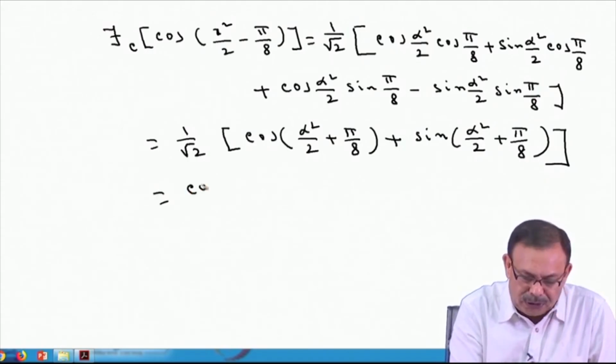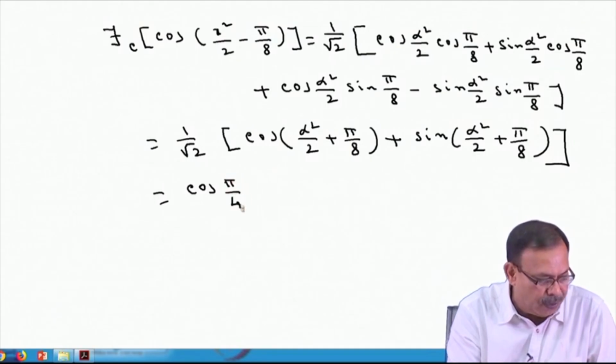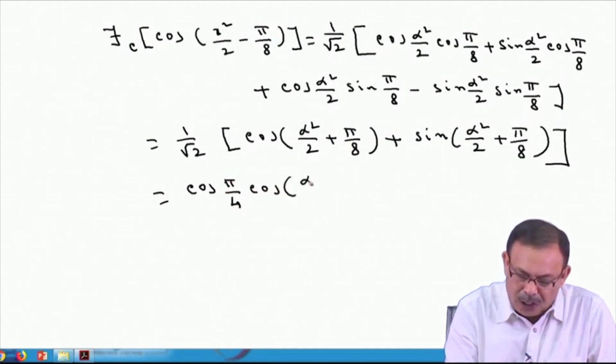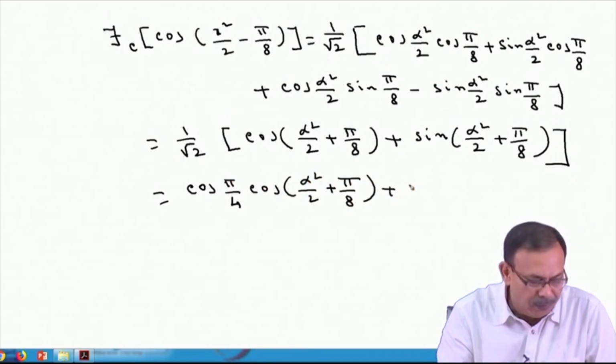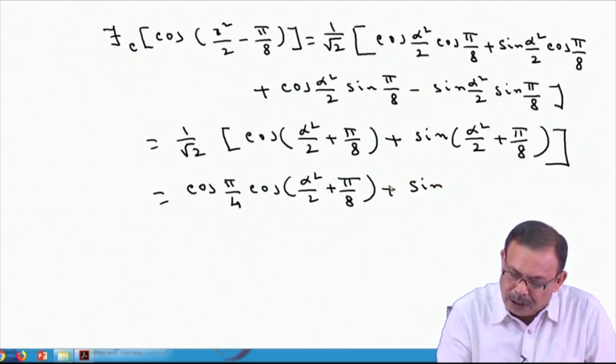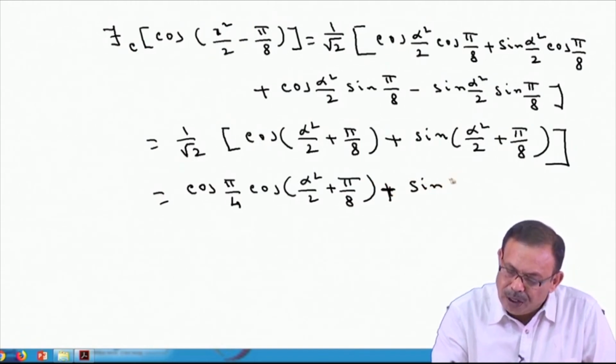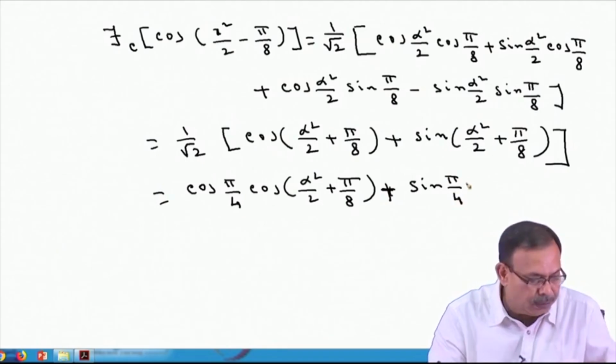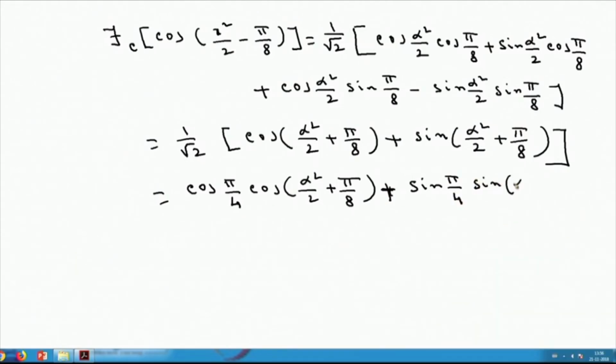So, again this I can write down cos pi by 4 cos of alpha square by 2 plus pi by 8 plus, this 1 by root 2 again I can write as sine pi by 4 into sine of alpha square by 2 plus pi by 8. So, 1 by root 2 in one place I am replacing by cos pi by 4, and in the other place as sine pi by 4. So, basically cos A cos B plus sin A sin B format.